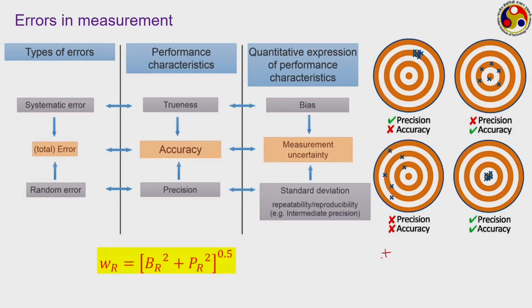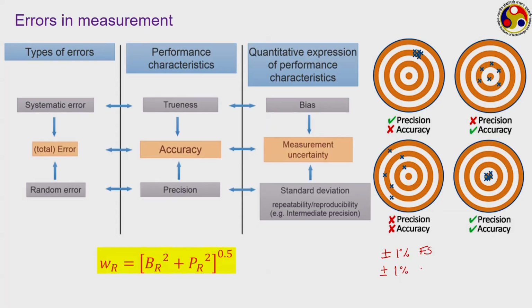That means there are three ways you can get the error specified, like the examples that we have discussed. One possibility is plus minus some percentage of full scale, which basically leads to a fixed quantity, whatever the range of your instrument or the maximal output you can get, 1% of that is fixed. You can get plus minus 1% of your reading, that is the recorded value, so it will keep on changing with what you are measuring.